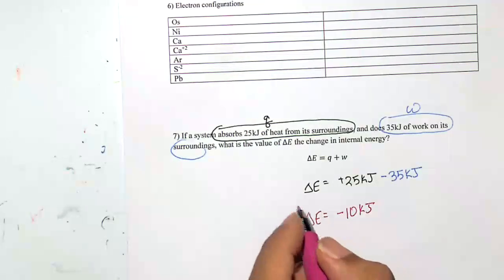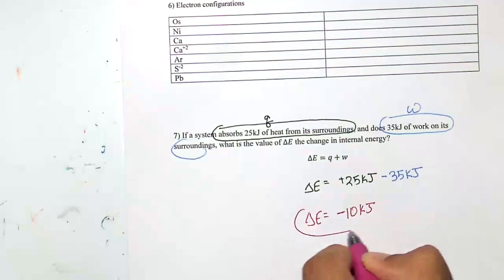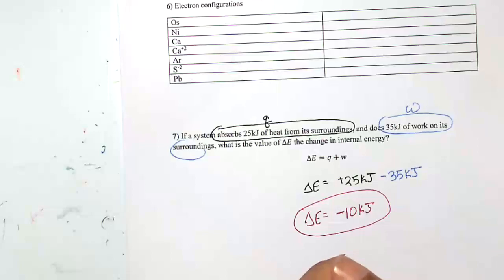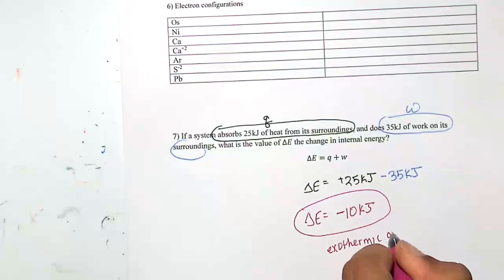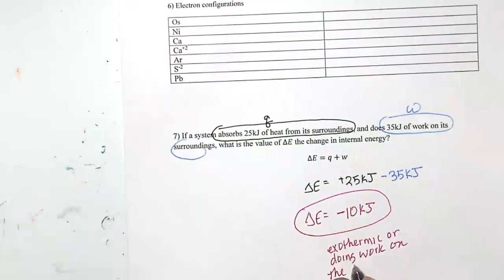So in the end, the net energy of the system means it's doing work on the surroundings, because it's negative. You can say exothermic. The negative sign tells us that.